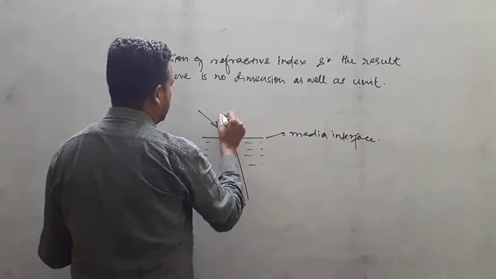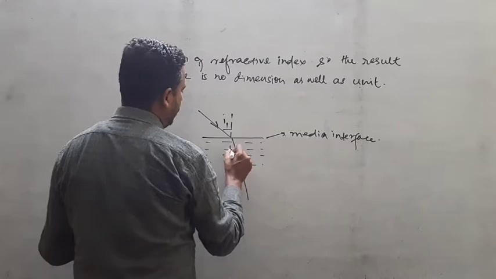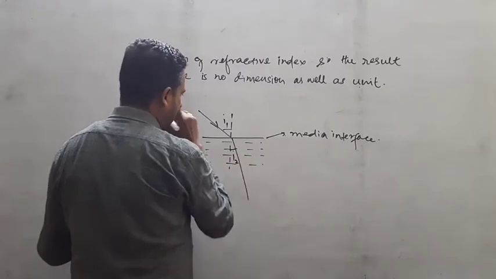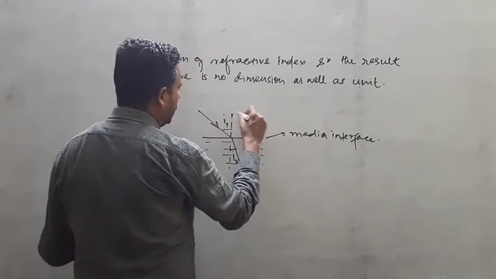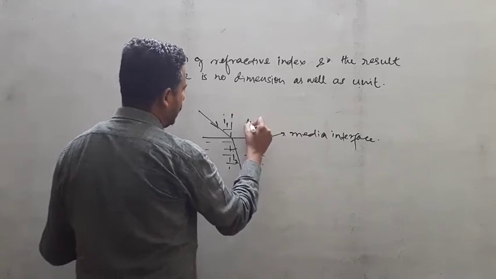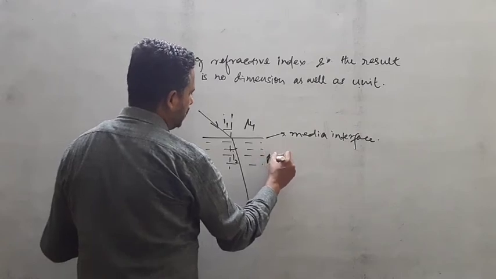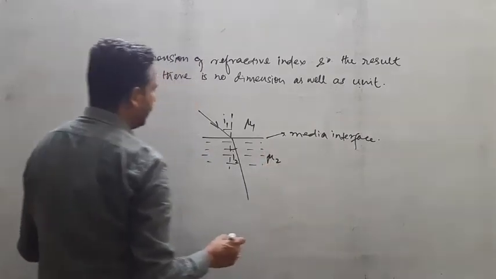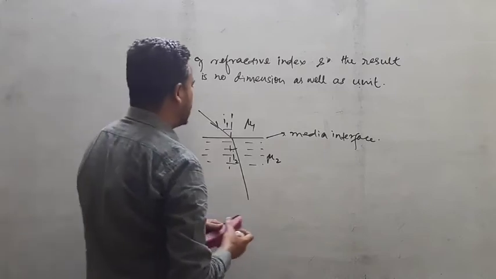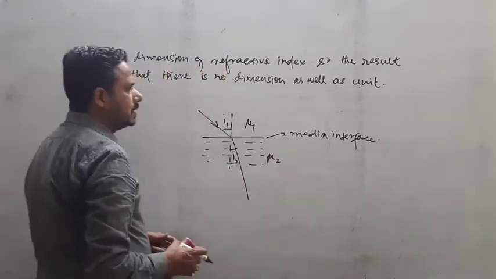If this angle is I1 and this one is I2, and the refractive indices of the media are mu1 and mu2, then the product of the sine of the angle and the refractive index of the same medium is constant.